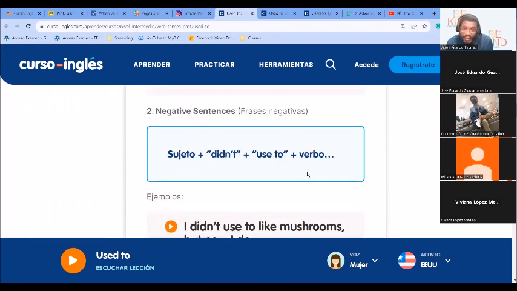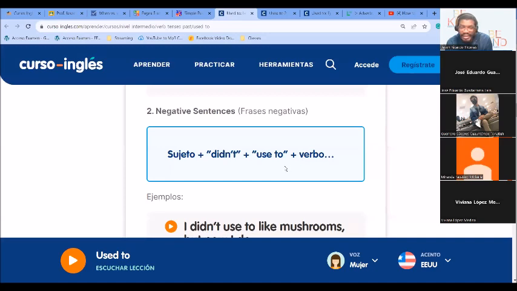Negative form, first change, is used to becomes use to. And to more clearly define the negative, we use didn't. So didn't use to. So subject line, didn't use to, and our verb.